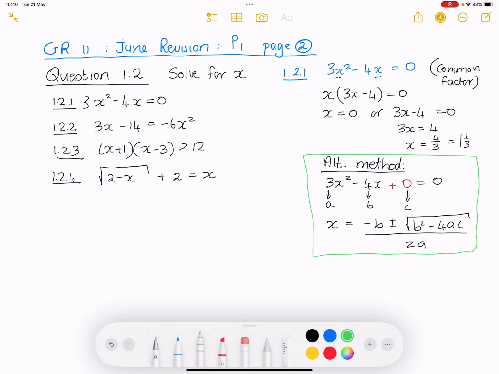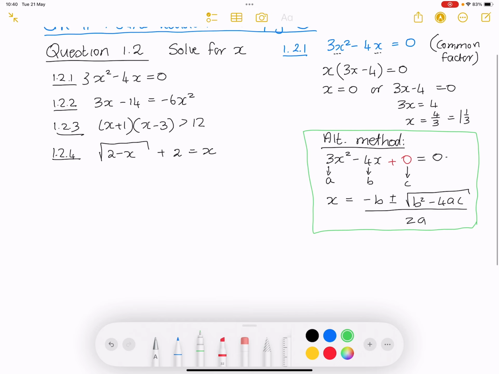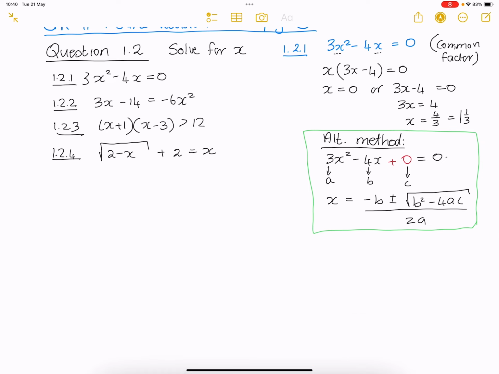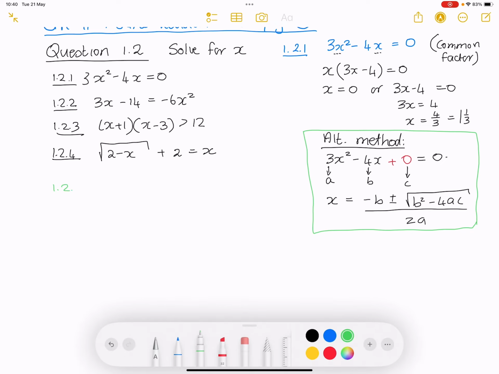Your next question is 1.2.2. It's very important: 3x squared minus 14 is, now it's 3x minus 14 is equal to minus 6x squared.